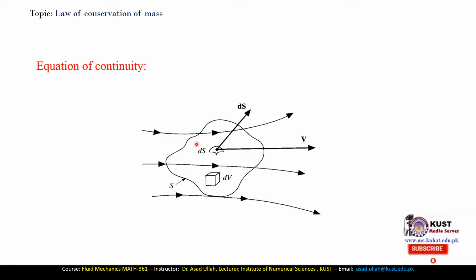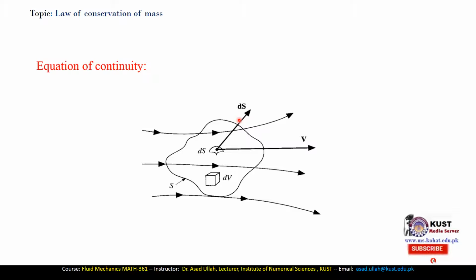In the fourth case, we consider an infinitesimal fluid element inside the fluid flow and follow its motion throughout the flow, while the infinitesimal fluid element always contains the same number of molecules.